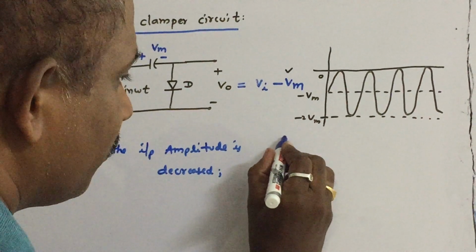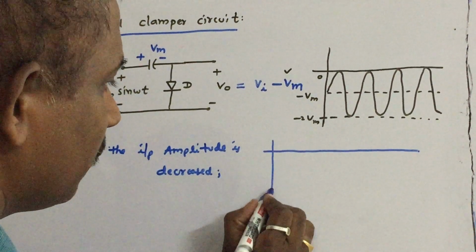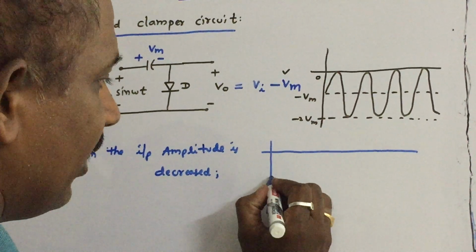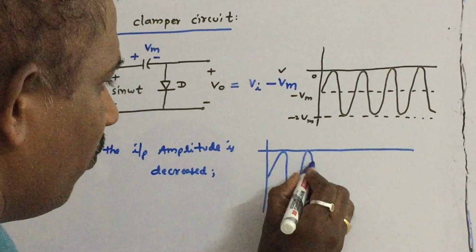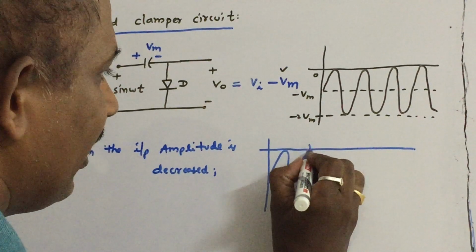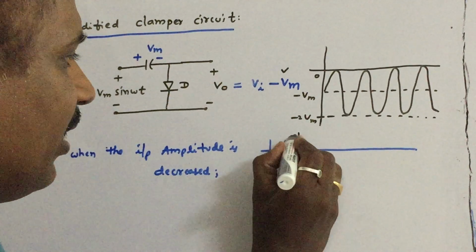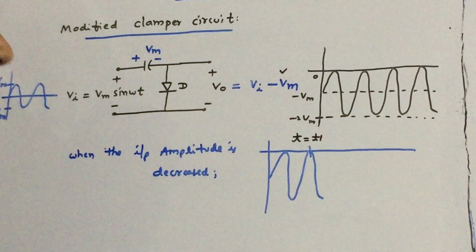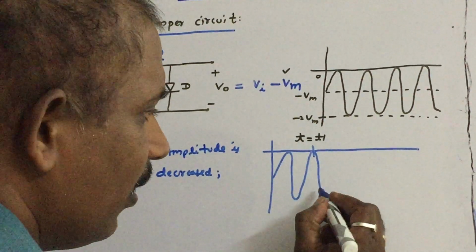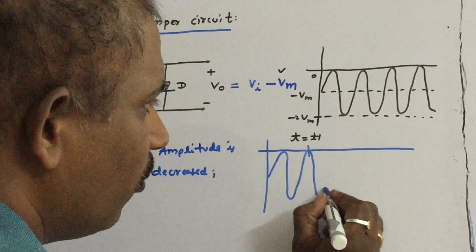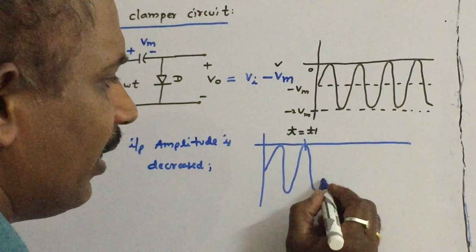Say the output is like this, at time t equal to t1. Suppose we have decreased the input amplitude. What will happen? Because we have decreased the input amplitude, you would expect the waveform to come like this, but it will not happen.